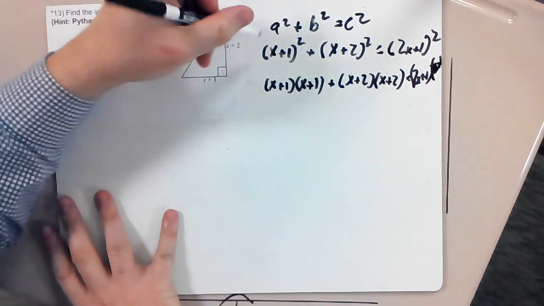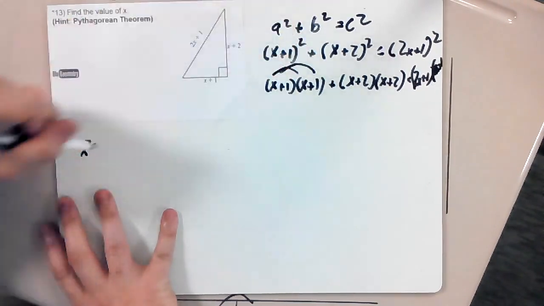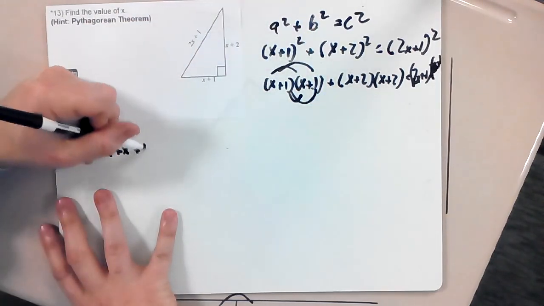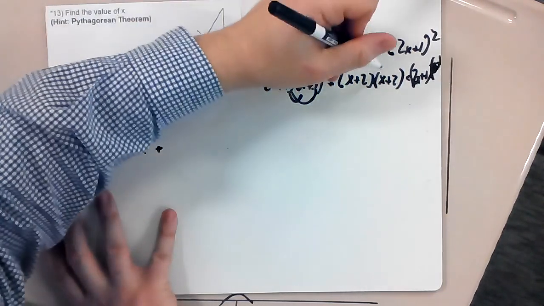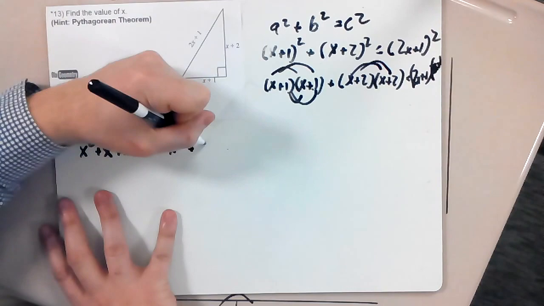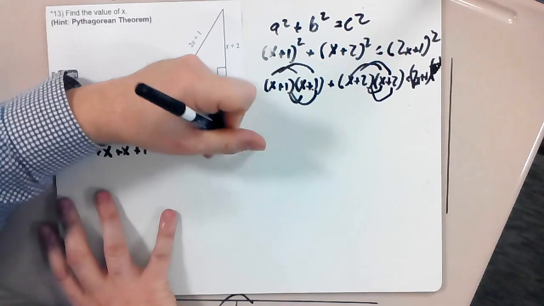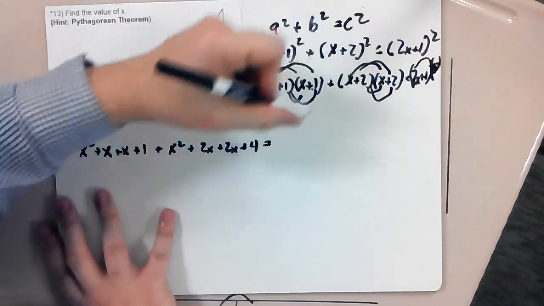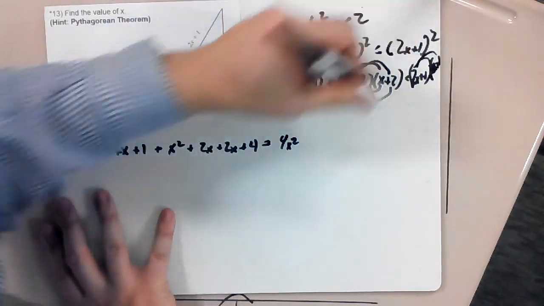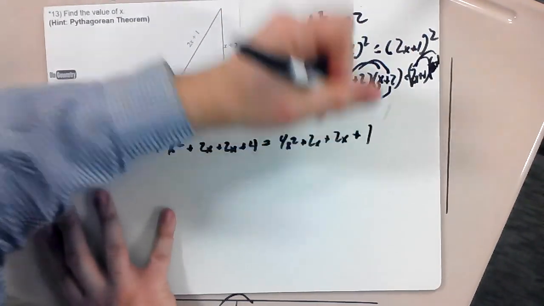Okay, so let's do this. I'm going to write this down here, actually. So I have x squared as I multiply that. Then plus x plus x plus 1. Now we're going to do this one. Plus x squared plus 2x plus 2x plus 4 equals, plus 4x squared, and that's going to be plus 2x, then plus 1.